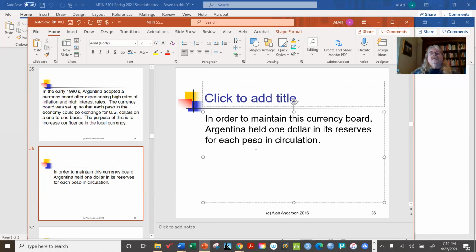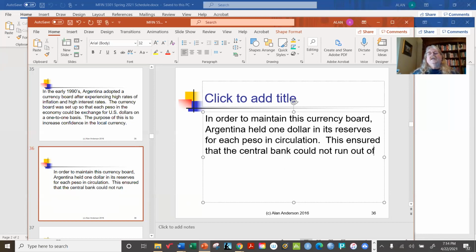This ensured that the government, or I should say the central bank, could not run out of dollars. In other words, even if every single person in the country decided to trade their pesos for dollars, it could be done. Now that, of course, requires them to hold and get their hands on all these dollars. It does really impose a lot of constraints on the central bank and on the government.